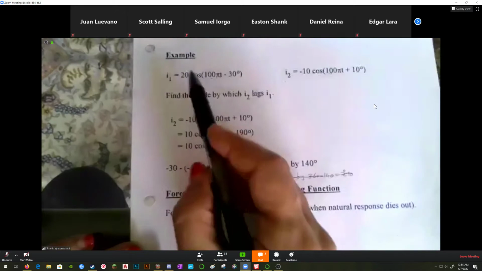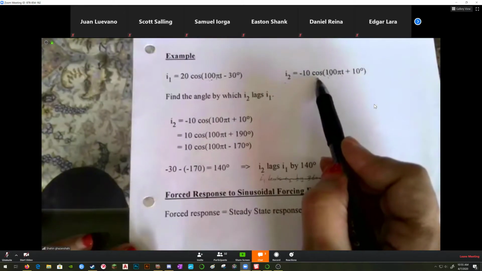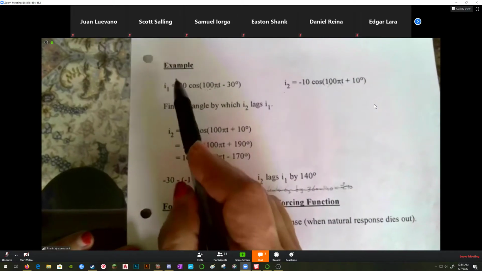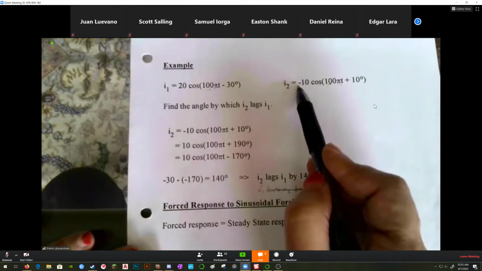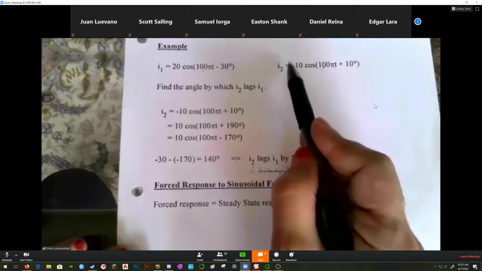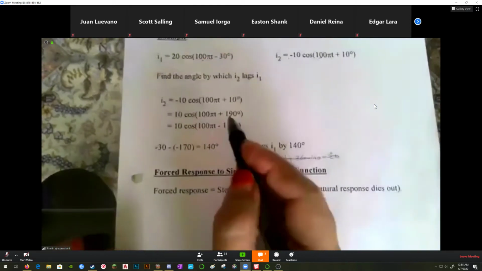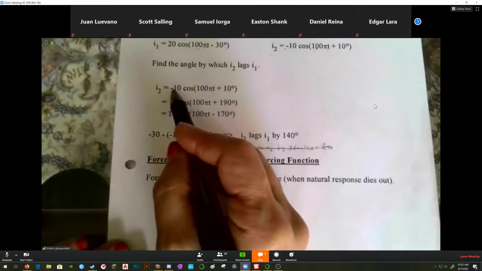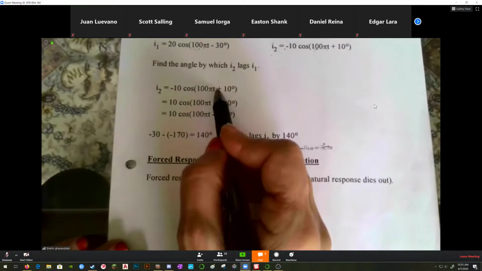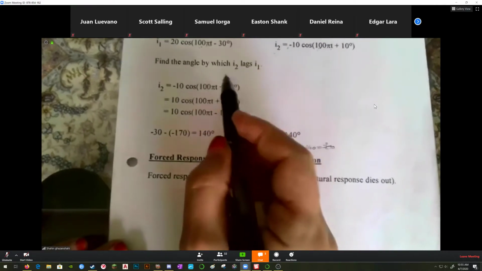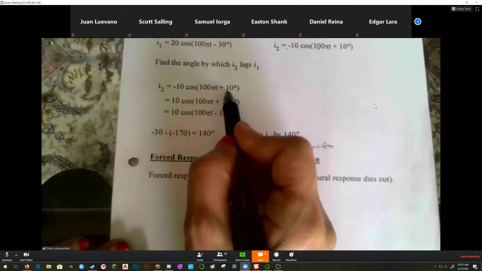Then this is cosine, which is okay. But this one has a positive magnitude, and this one is negative. So I'm going to change both to what? Positive. So I need to change I2. You know from trigonometry that if I want to change negative to positive, you add what? 180 degrees.